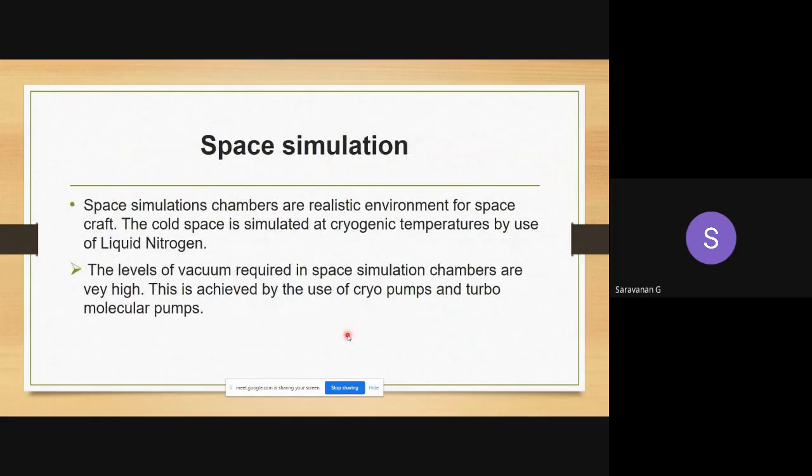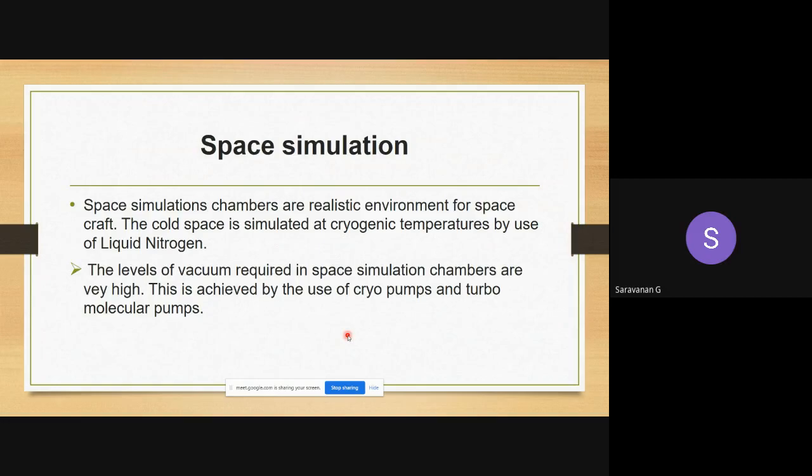Apart from transportation and these missions, space simulation can be one of the applications of cryogenic systems. These simulation chambers realistically reproduce the environment of spacecraft. Space is simulated by using liquid nitrogen cryogens.